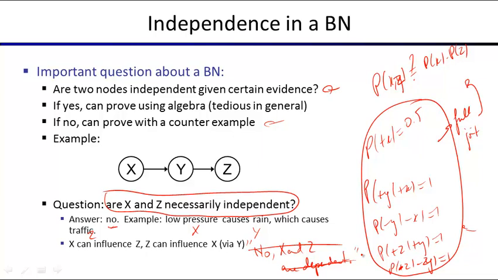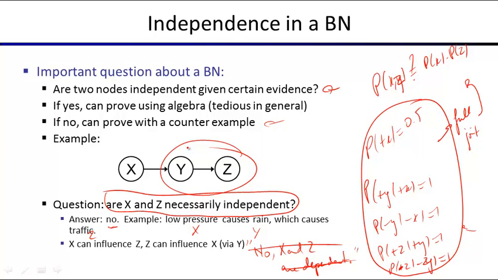Why can we never guarantee a dependence? Why can we not guarantee, even for things that are directly connected, that y and z are dependent? Well, we're looking at a family of distributions, and to claim that it's guaranteed to be dependent, it needs to be true for every member of that family, no matter what numbers you put in the CPTs.